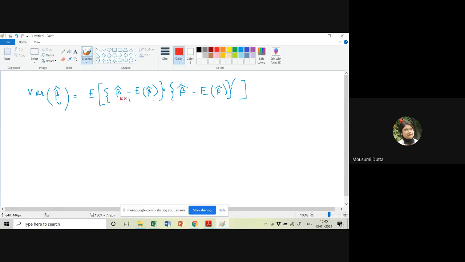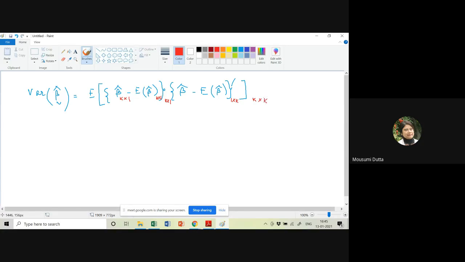So the expectation of beta hat will also have order k by 1. So this entire thing has order k by k.